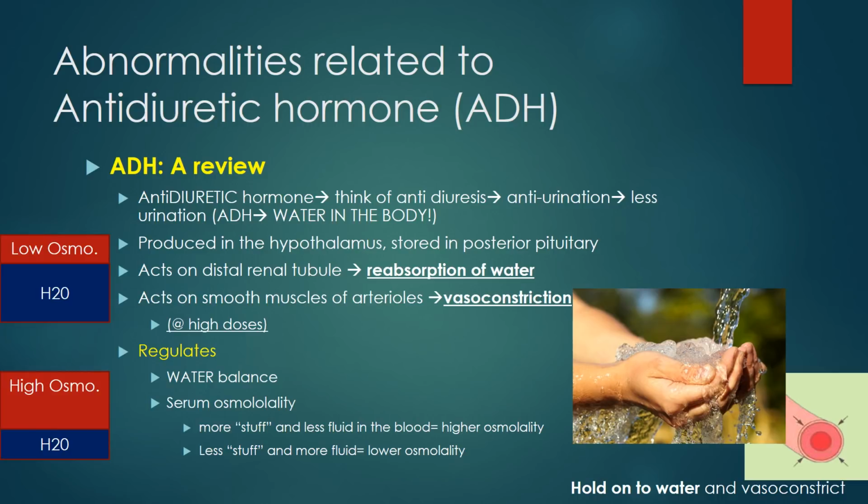Another vasopressor is called vasopressin, and vasopressin is actually ADH. So when we give vasopressin, it's like giving ADH. We see less urine output and more water in the body, which you can imagine would increase blood pressure just by increasing the amount of volume. And since we're giving it in higher doses, we see vasoconstriction in the periphery, further increasing that patient's blood pressure.